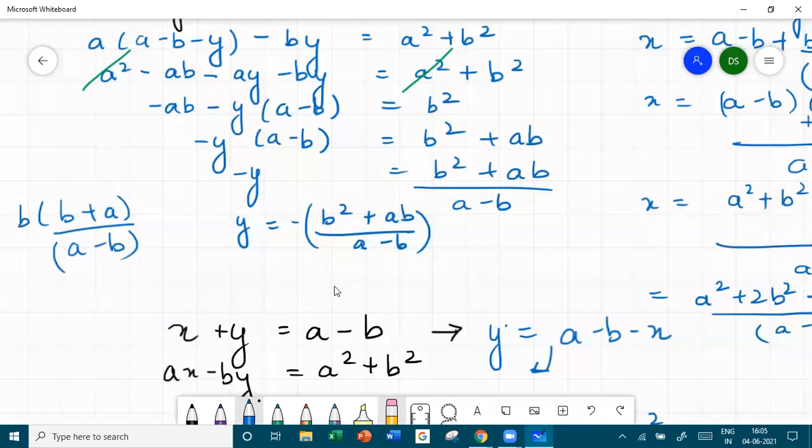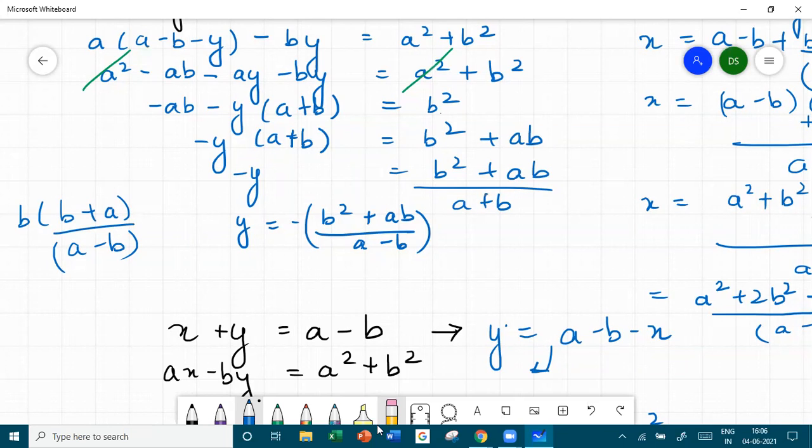Wait, I got it. Here I took y common, so it should be plus, right? If I've taken minus y common, so this would be a plus b. This would be b square, right? Yeah. So a plus b.